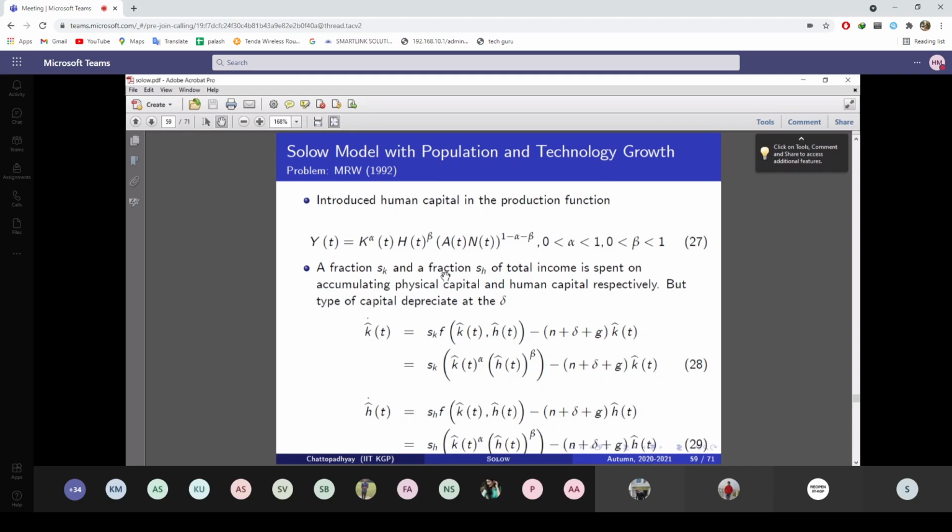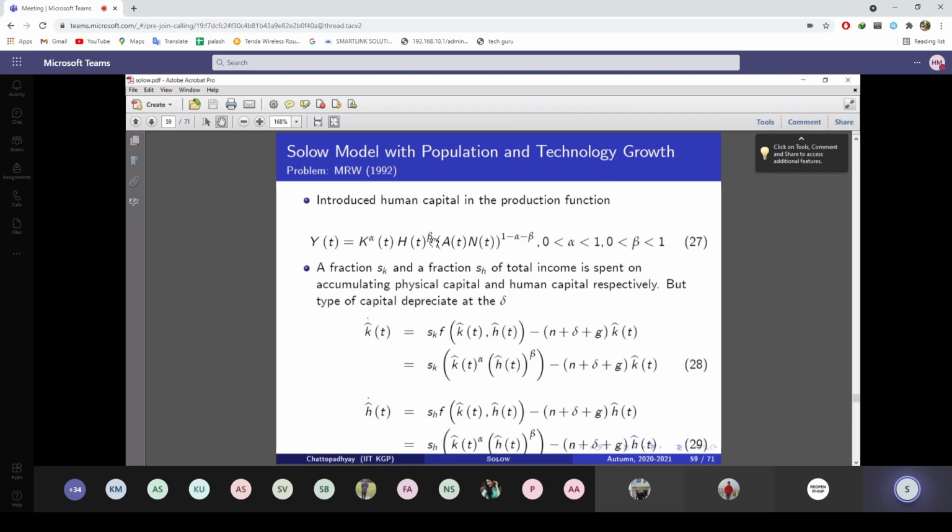Once they introduced this human capital and calculated the convergence rate, it becomes 1 minus alpha minus beta, times n plus delta plus g. They calculate alpha from the data, they calculate beta from the data, n, delta and g are available to me, and they calculated the convergence rate for different countries and found that it is matching with the data.